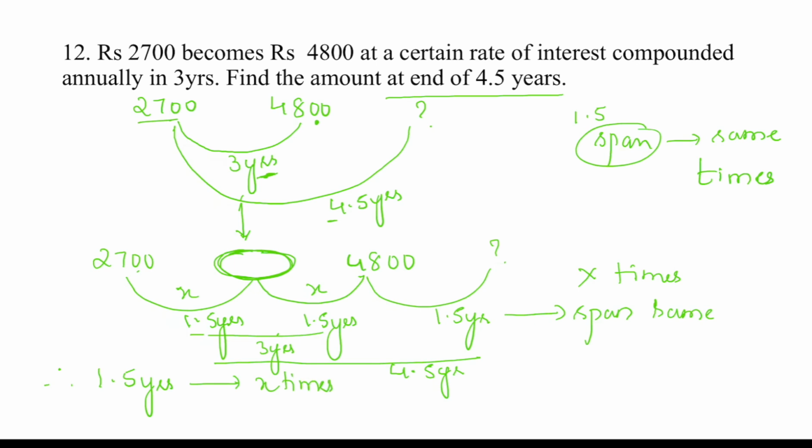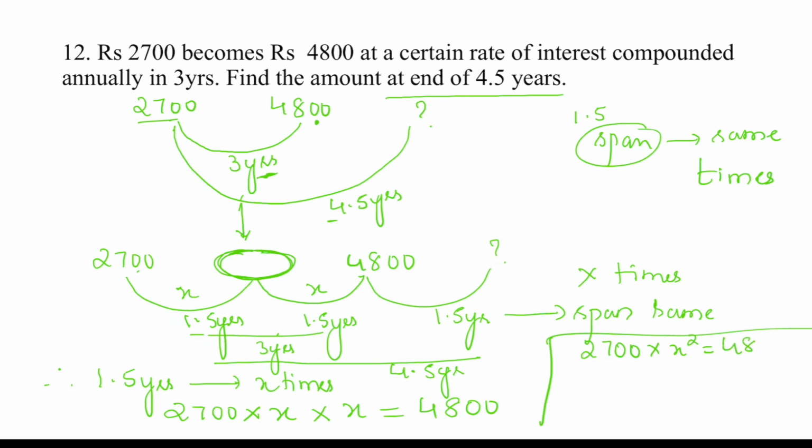Okay, so therefore we can say that 2700 into x times into again x times will give us 4800. So this is nothing but, we'll do it here, 2700 into x square is equal to 4800.